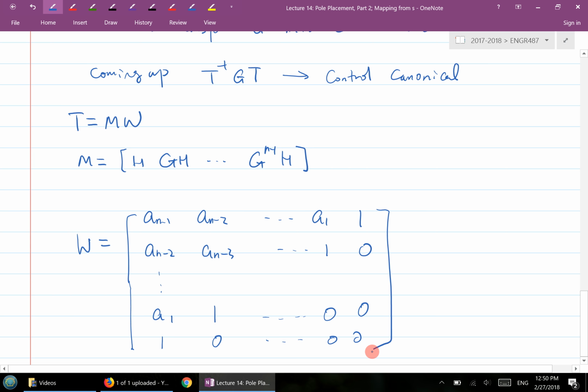That's the W matrix. If you construct the T matrix by multiplying M and W like this, then that T matrix will be the similarity transformation matrix. Computing T inverse G T will give us this control canonical format. So that's the idea if G is not in the control canonical form.